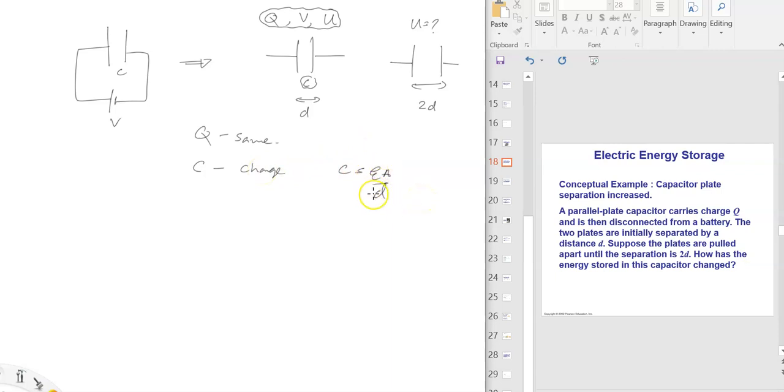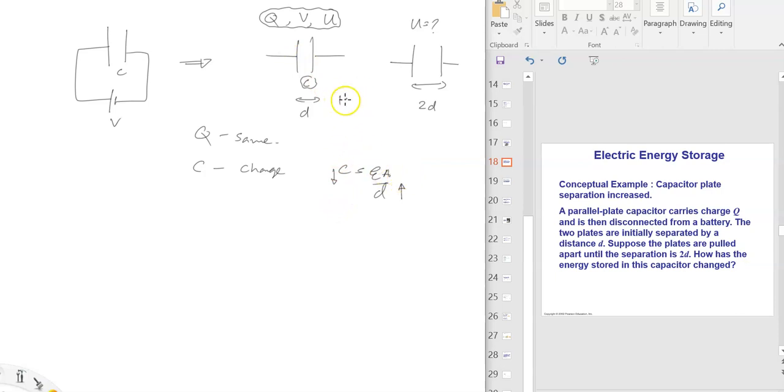So if we increase d, if d gets bigger, capacitance decreases, right? When this increases, bigger the separation, this decreases. So if we increase d by 2, like if we make the gap twice as big, capacitance will drop by 2. So now the capacitance is half of what it was before.